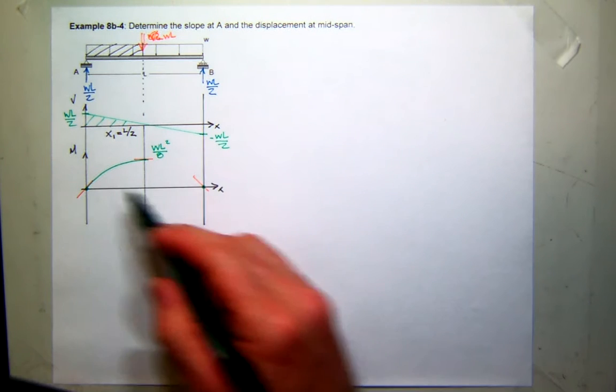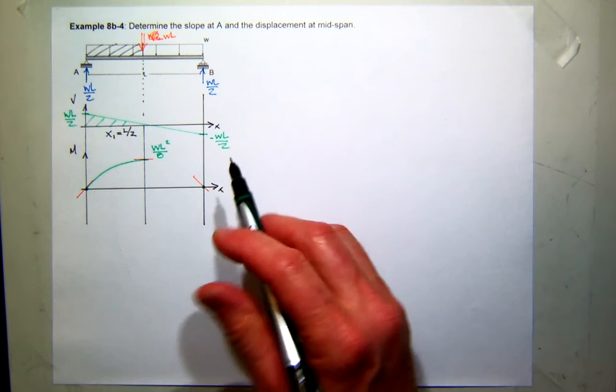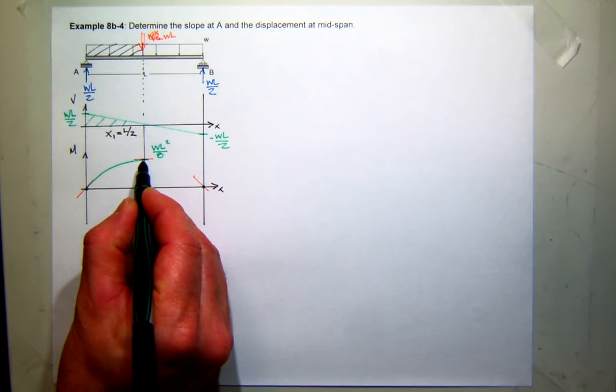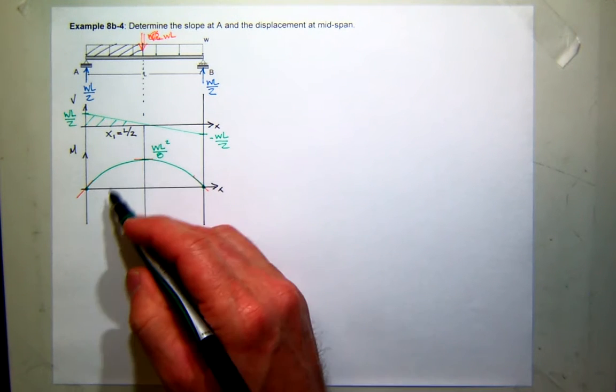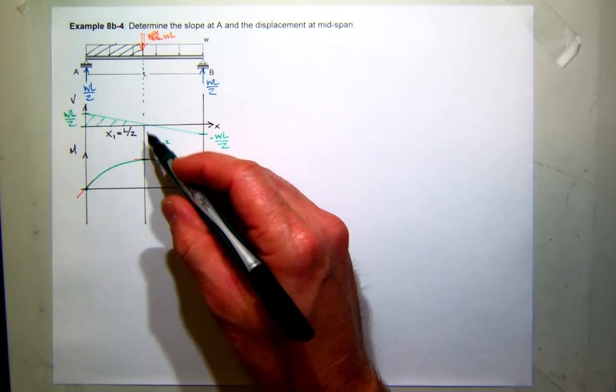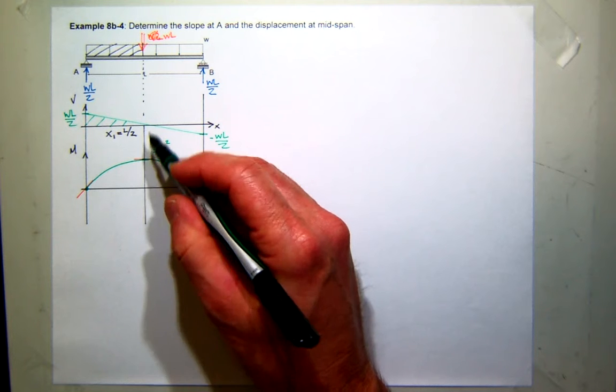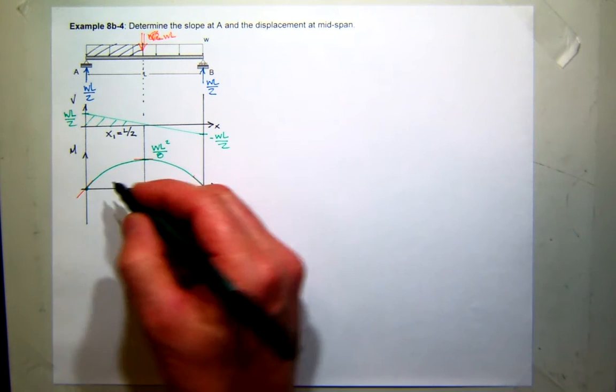And the values of the slopes are the same on each side, they're just different signs. So I may not have drawn it that way, but that should be a nice parabolic segment with an axis right here at the center. You see that?